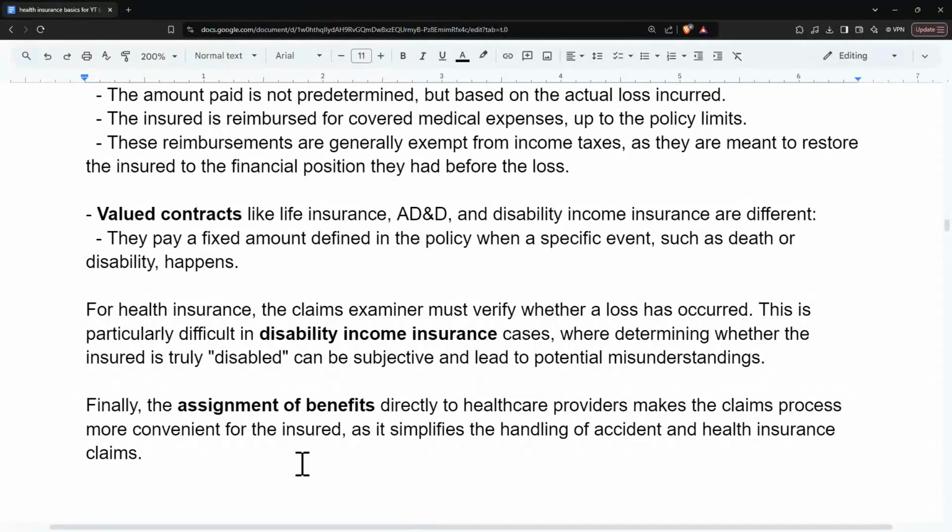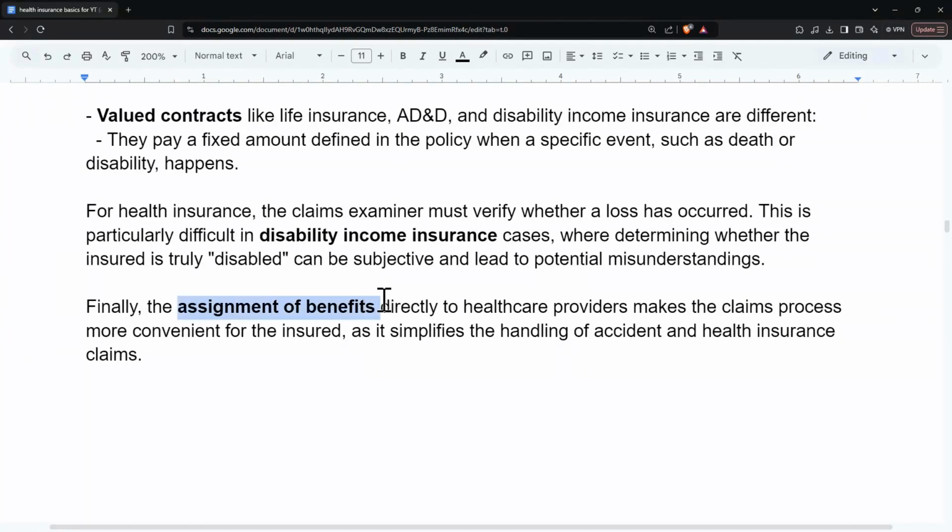So that's why the claims examiner's job is difficult for disability, because they don't know. Someone could fake it. Someone may think they're disabled and they're not, or someone could be very disabled and the company might try to say they're not.